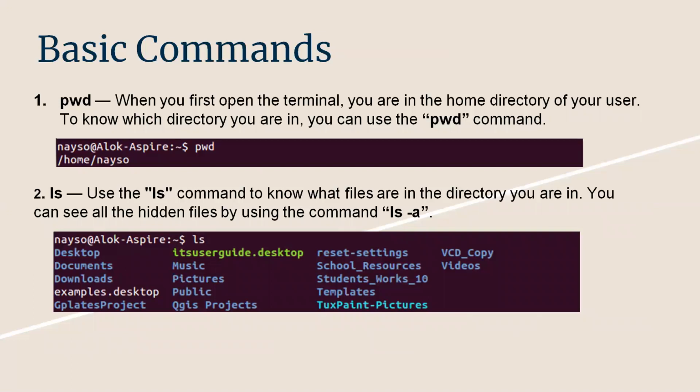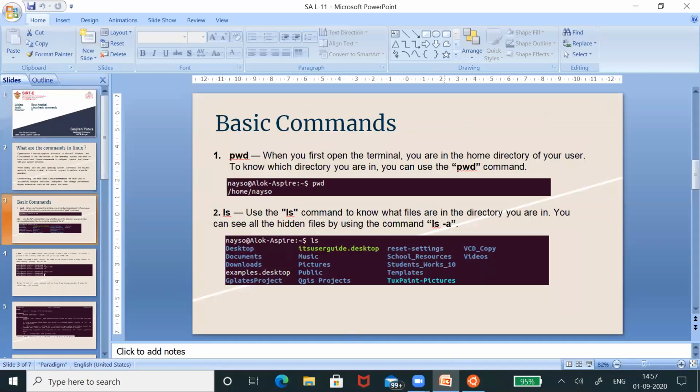Here we have the first basic command, that is pwd. When you first open the terminal, you are in the home directory of your user. To know which directory you are in, you can use the pwd command. We will see the example from the Ubuntu operating system. Here you can see the screen of the Ubuntu terminal.